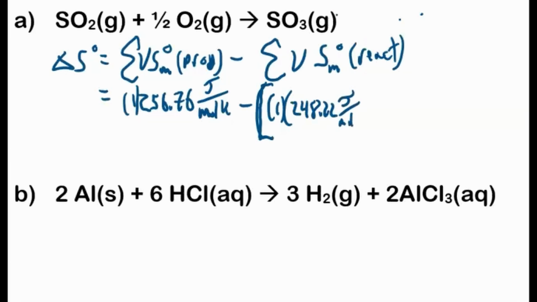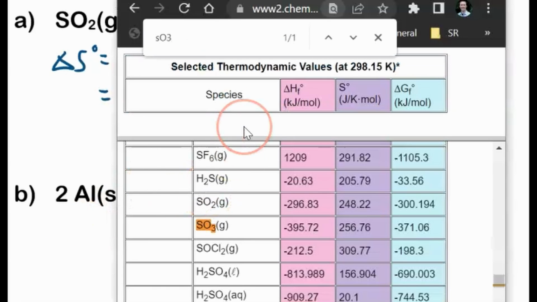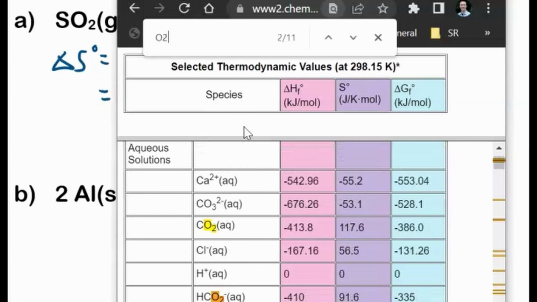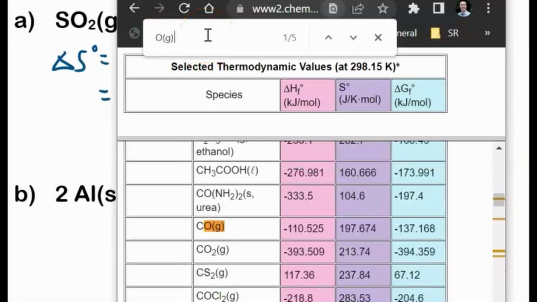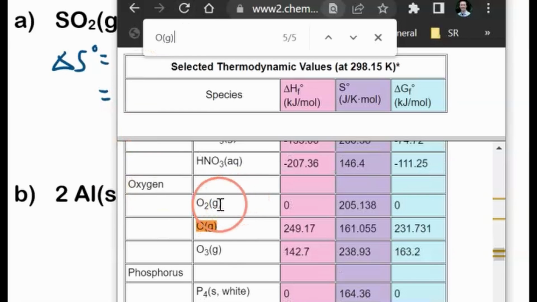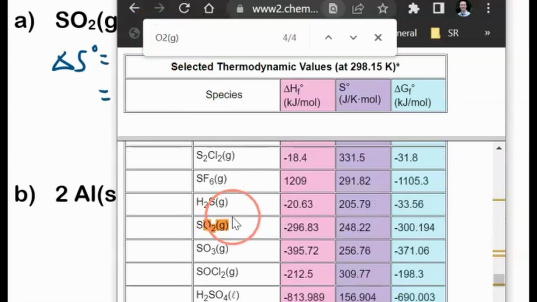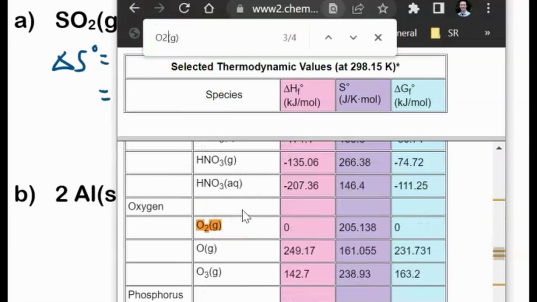Plus, because we're doing a sum, the molar entropy for oxygen, now we have the stoichiometric coefficient, and it's not 0. It's 0 for the enthalpy of formation, and 0 for the Gibbs energy of formation, but it's not 0 for the molar entropy. You don't want to mess that one up. Let's say O2 gas. Here it is, right above it.